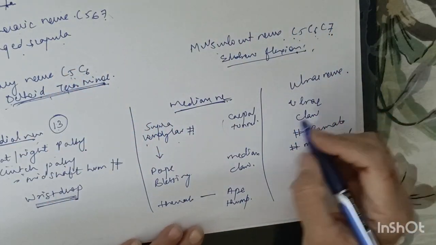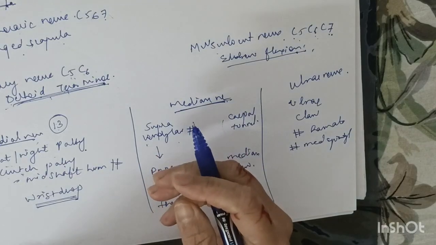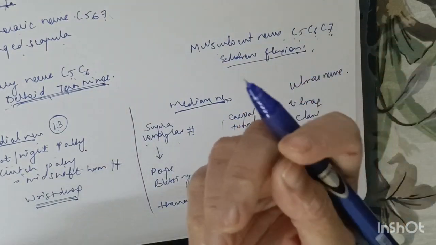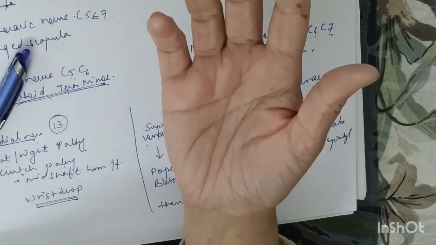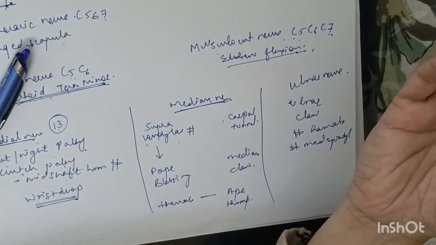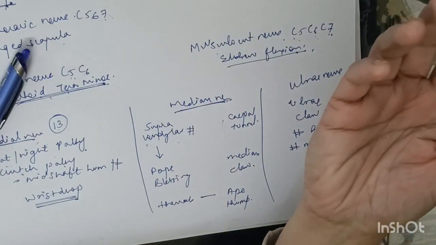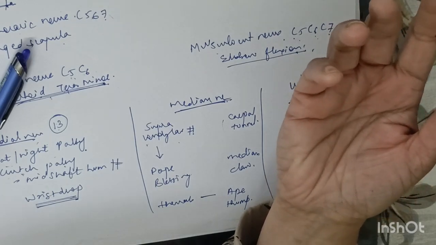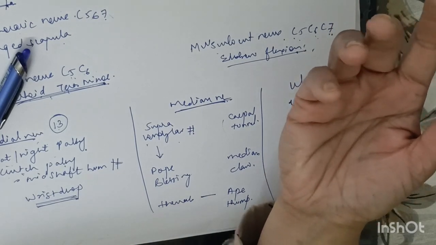Fine, the median nerve supplies the anterolateral part of the arm, forearm, as well as wrist and hand. So it basically supplies the forearm group of muscles, the flexors, that is the superficial and the deep part.